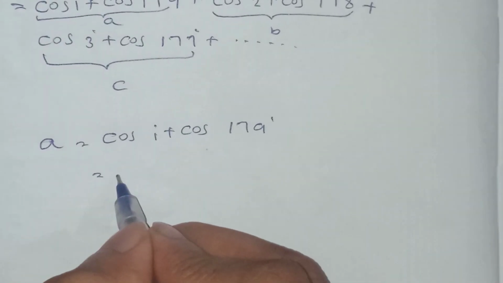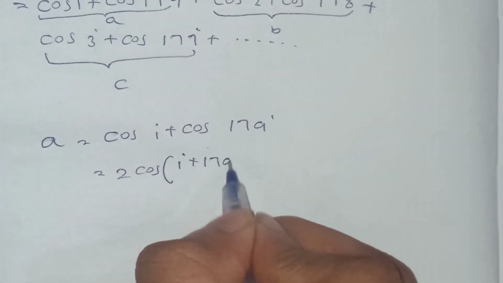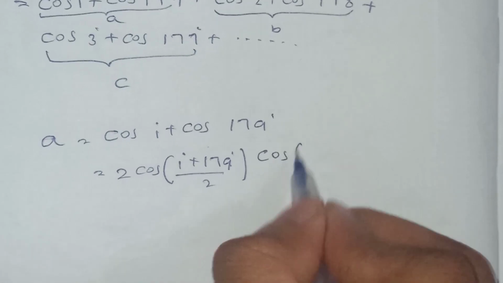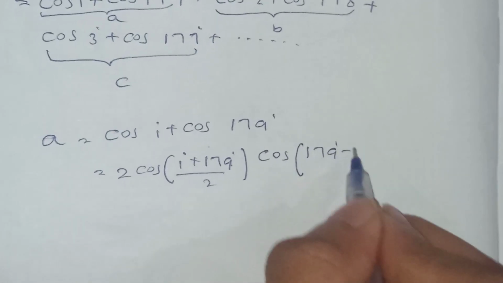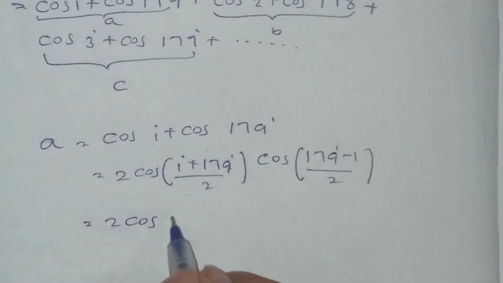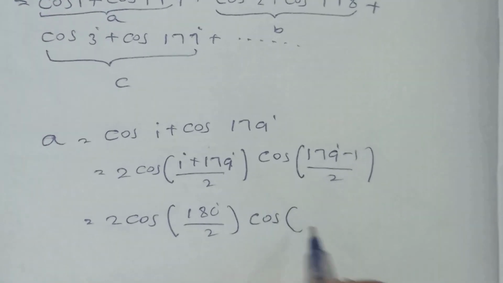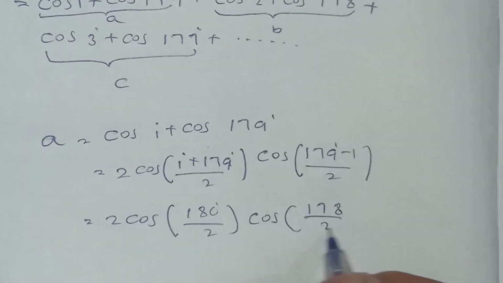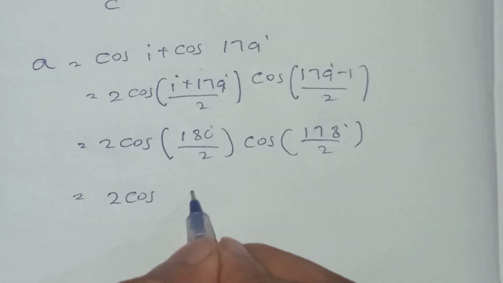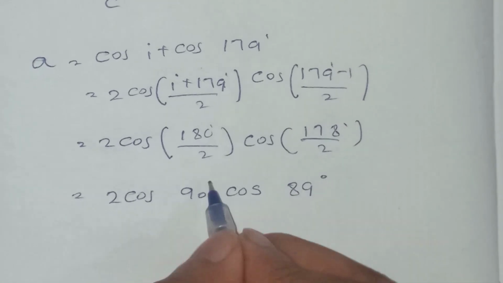In this equation we can simplify that cos 1 plus cos 179 equals 2 times cos (1 plus 179) by 2 into cos (179 minus 1) divided by 2, and it equals 2 times cos 180 degrees by 2 into cos 178 degrees by 2, and then it equals 2 times cos 90 degrees and cos 89 degrees.